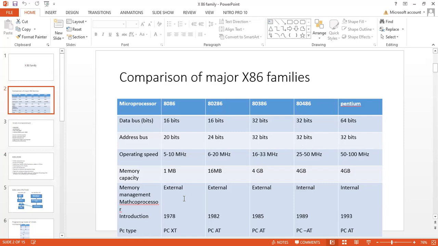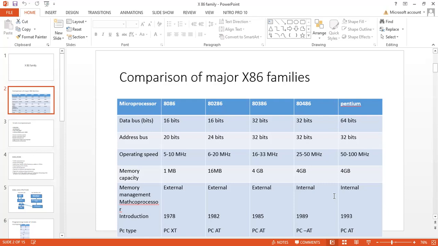Then internal memory management is there for 486 and Pentium. Rest of them have the external memory management, as well as the external maths coprocessor. While 80486 and Pentium have an internal maths coprocessor, so that the mathematical functions are done fast.